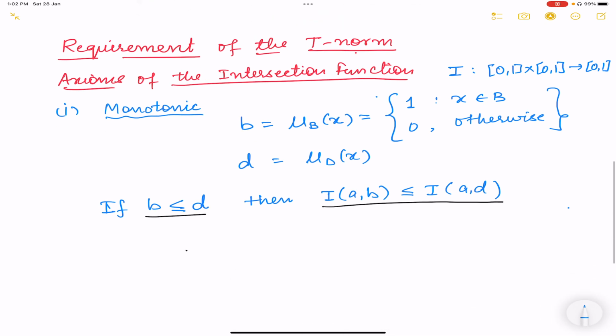Okay. So if we generalize this property of monotonic, how do we write this? In general, we take both the parameters.